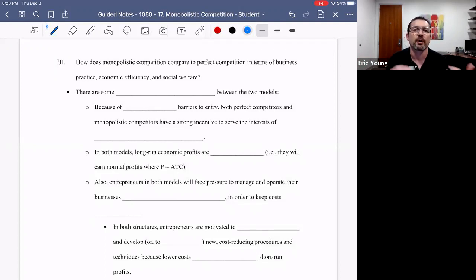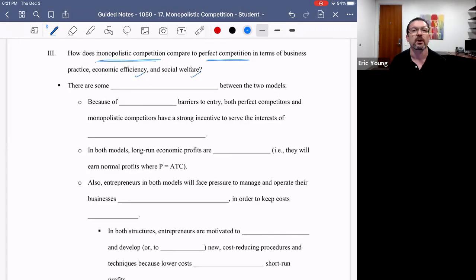We now move to the third big thing that we talk about in these market structure discussions. In this case specifically, we ask the question, how does monopolistic competition compare to perfect competition in terms of business practice, and really importantly, in terms of economic efficiency and social welfare? You recall that when we did our perfect competition section, we learned that perfect competition hit all the tests, right?